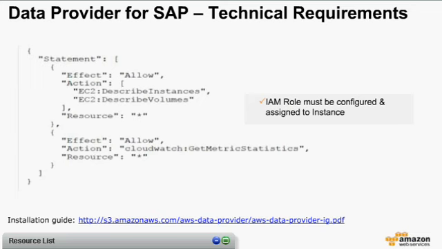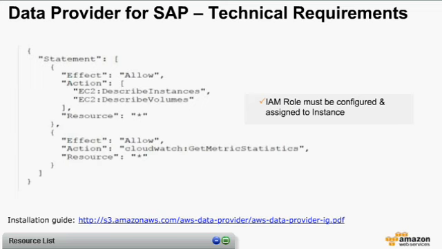Now an IAM role is the ability for you to define very granular permissions and assign them to a virtual machine at launch time. So for instance, the statement here, which is basic JSON, is allowing the instance that I attach this role to describe itself, so describe instances or EBS volumes.